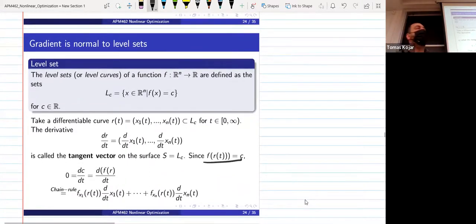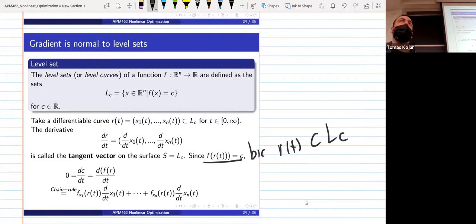Like we said, r of t is inside the level set. So f of r of t is constant, okay? Because r of t is inside the level set. So let's go step by step. You take the derivative of both sides.